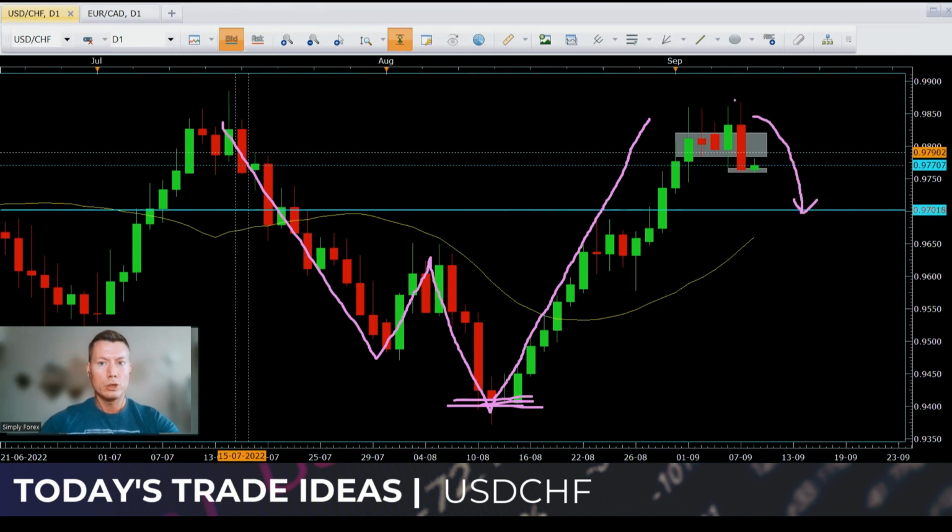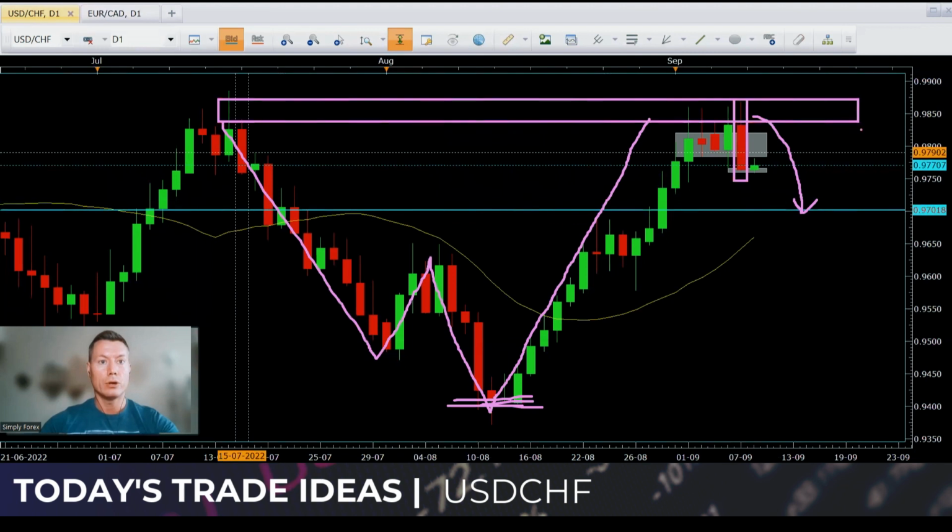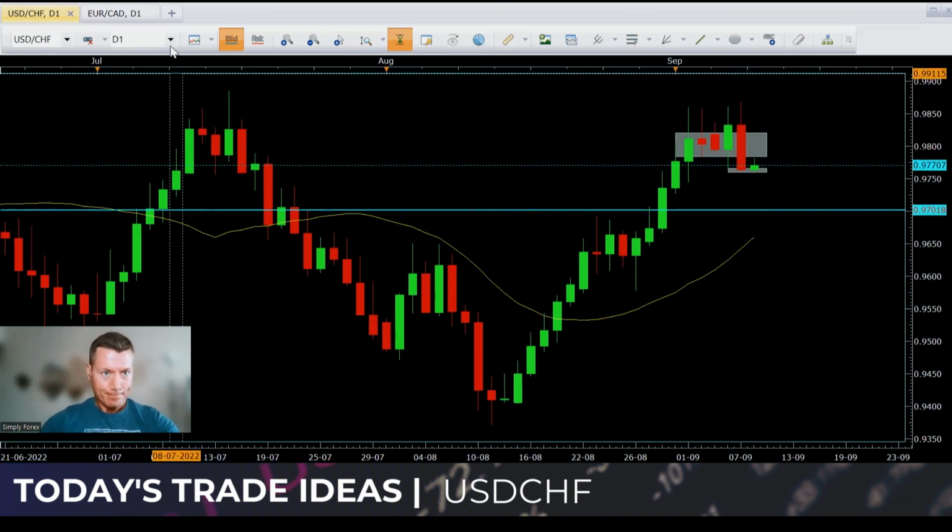Also look at this bearish candle, and it happened at this area of resistance. So for all of those reasons, I'm willing to take a short on this pair, guys. The daily chart, remember, is always your why are you entering the market, and this is why I am shorting.